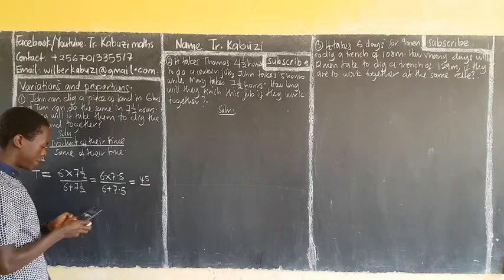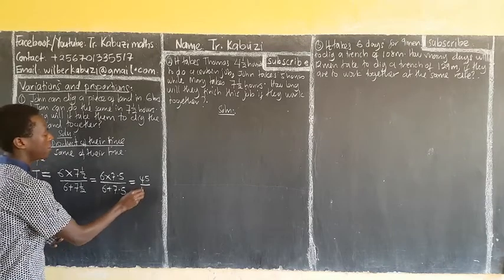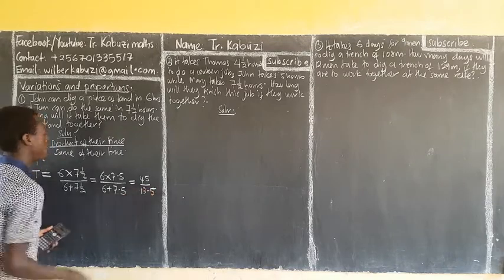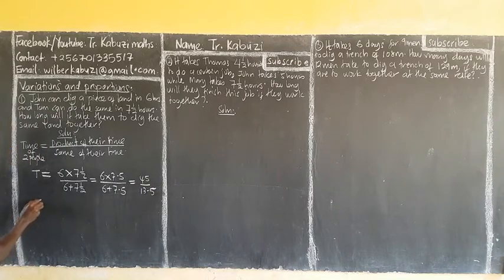Now this one is going to give you 13.5. And so your time there, when you simplify that, you get 3 whole number, then 1 over 3 hours.